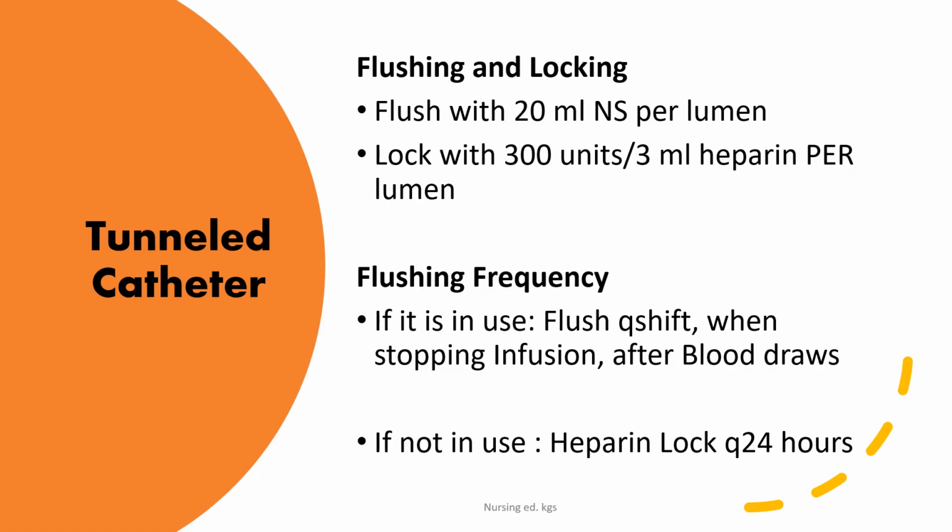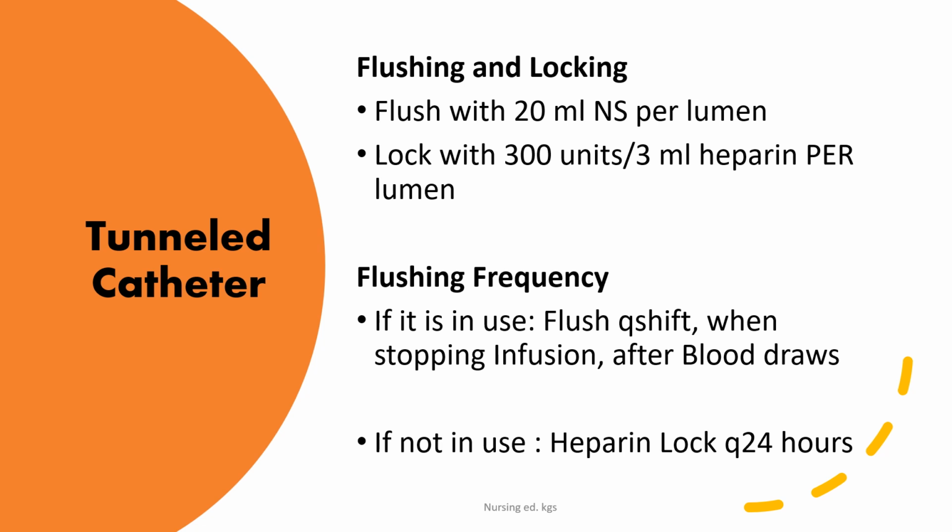So when it comes to tunneled catheters, as mentioned, they'll primarily be cared for by your hemodialysis nurses. If it does have a dressing, you will replace the dressing if it ever becomes soiled, loose, dampened, or it's no longer sticking to the skin.